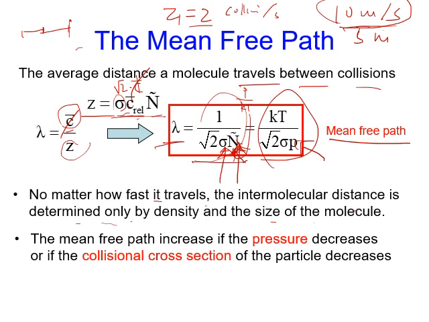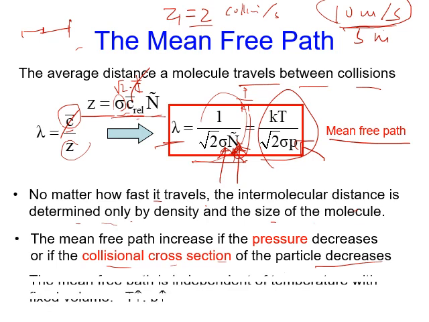And if the collision cross-section area decreases, so if the molecule becomes smaller, then it will make fewer collisions, and therefore the mean free path increases.